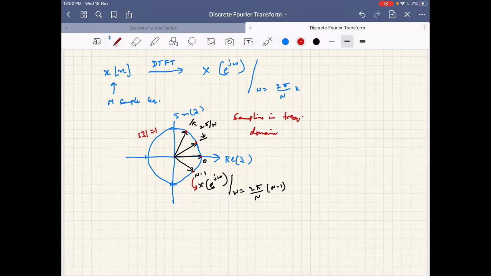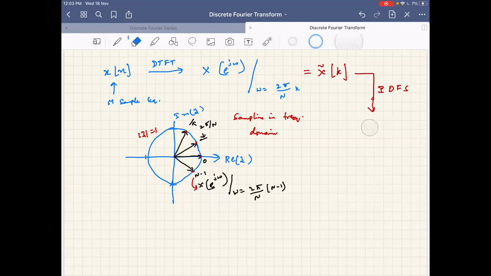The implication of this is to have x tilde of k, because this is periodic, and the inverse discrete time Fourier series gives rise to x tilde of n.